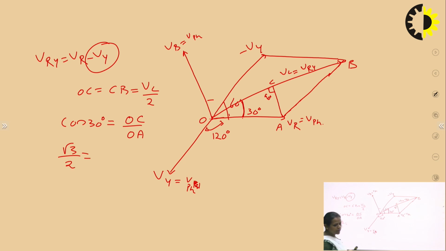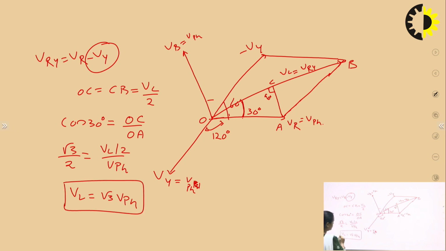And what is OC? OC is equal to VL by 2. And what is OA? This is VR, which is our phase voltage, VPH. So what will be the relation? VL will be equal to root 3 VPH. This is our relation for star connection.